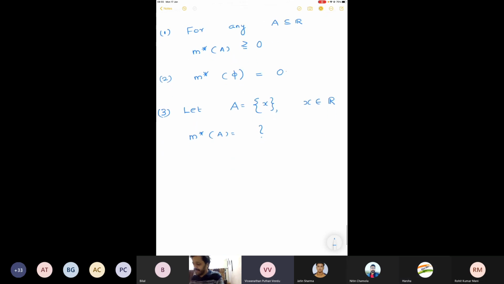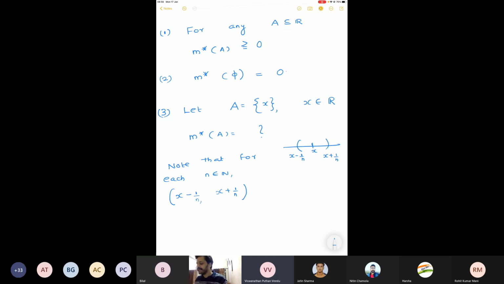Yes. Note that for x here, x minus 1 by n, x plus 1 by n, for each n in N, is a single open interval.